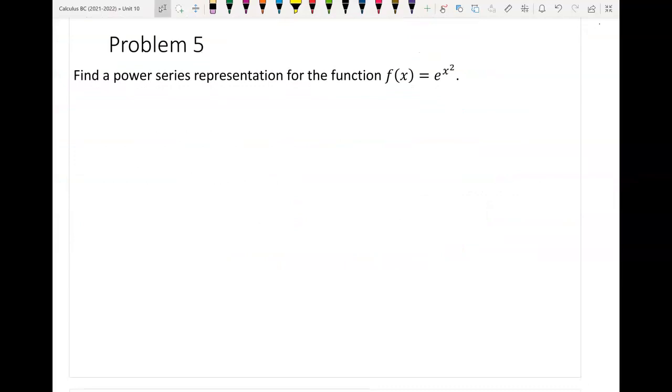All right, we want to find a power series representation for f of x equals e to the x squared. So, how can we do this?